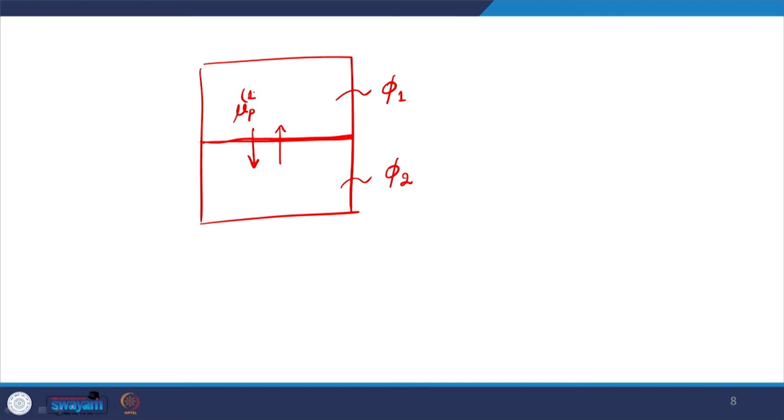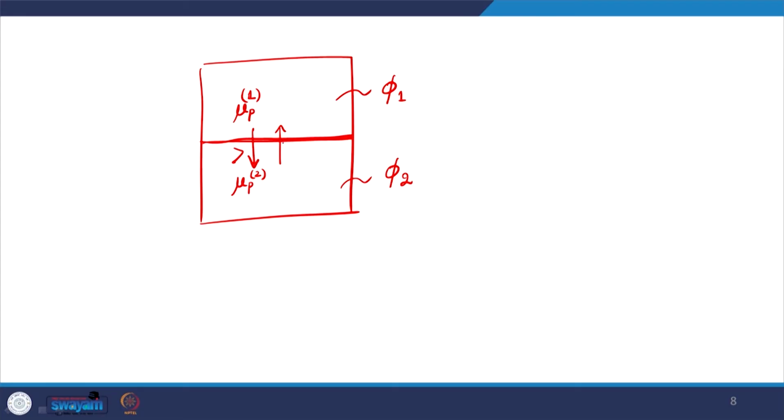For example, if μp in the first phase happens to be more than μp in the second phase, you will have transfer of solute from phase 1 to phase 2. In other words, transfer happens in the direction of decrease of the chemical potential, from a higher chemical potential to a lower chemical potential.